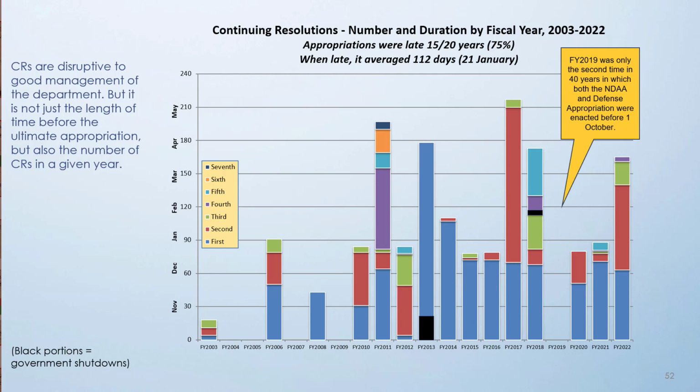So if you look at a year like 2008 or 2013, if you ignore the shutdown, there was one continuing resolution, and we could plan for that. We knew in 2008, 45 days, we make 45 days worth of plans, we have the ultimate appropriation, off we go. Even in 2013, we knew at the beginning of the year, okay, we have 6 months worth of money, we can go do 6 months worth of things.